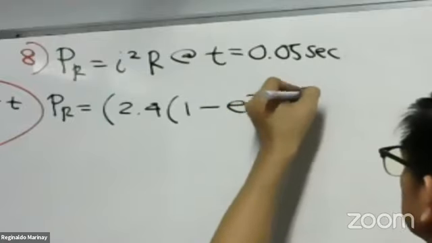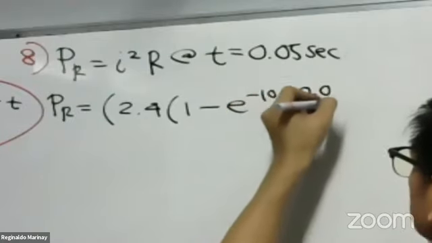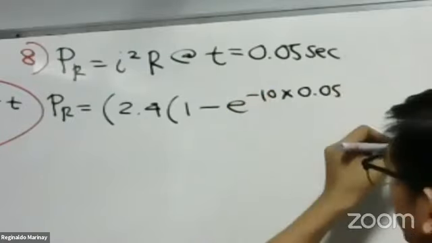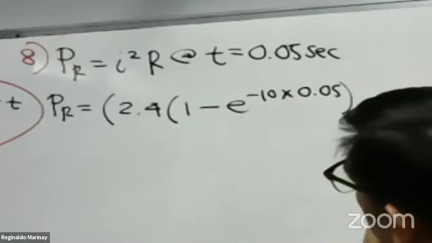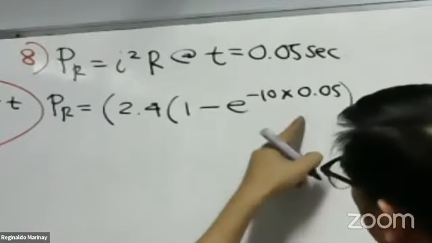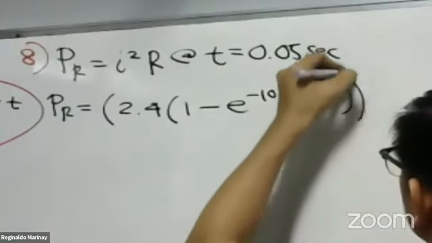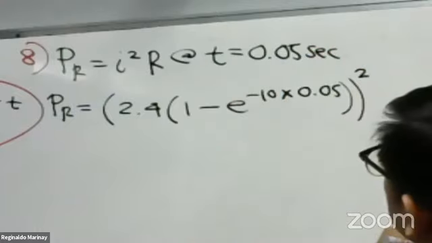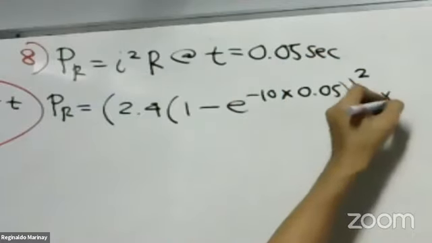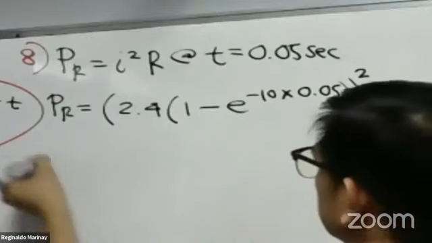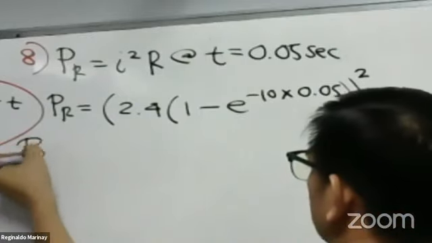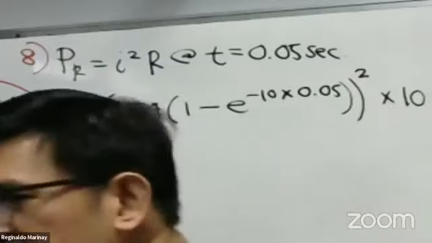Let us substitute right away. Our time here is 0.05. So that will be our current. But you are going to square this and then multiply by the resistance, 10. Everybody, I want you to calculate this in your calculator. I will calculate also.